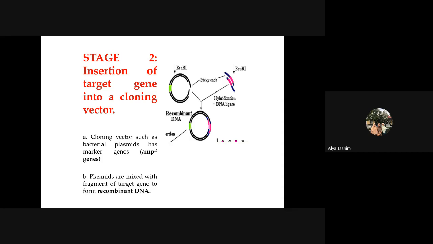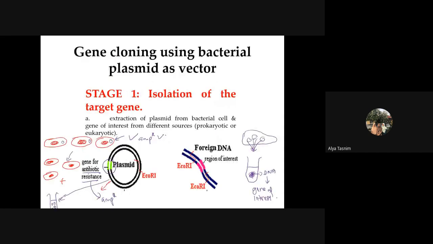Sebelum kita proceed kepada stage 2, dekat stage 1 ni, okay, you have to mix restriction enzyme. Okay, such as, for example, eco R1. You mix together the plasmid with eco R1. Yang ni pun sama. You mix together the DNA with eco R1. Contohnya, you mix with restriction enzyme.